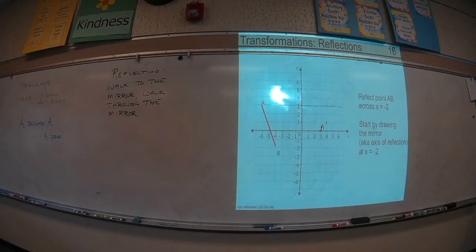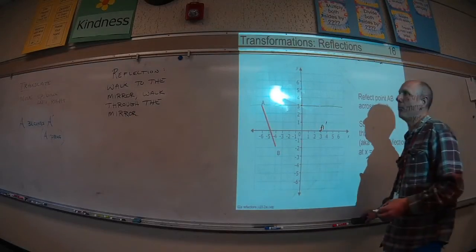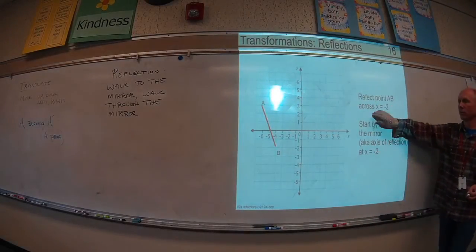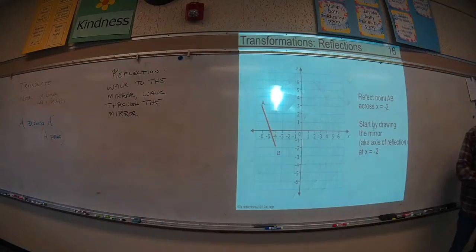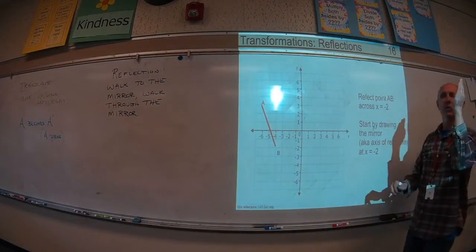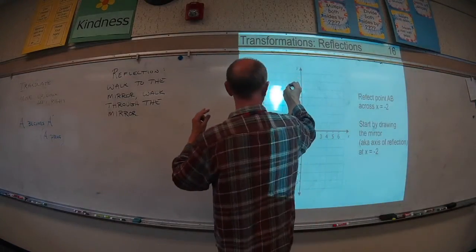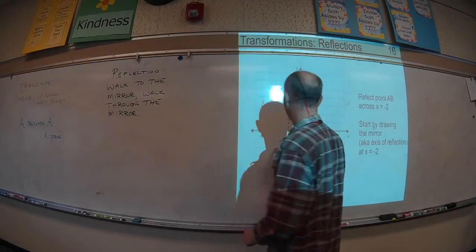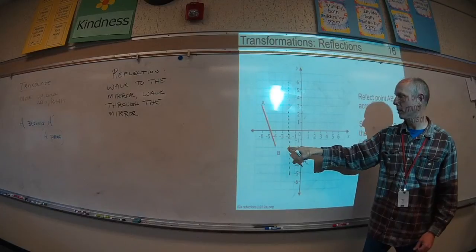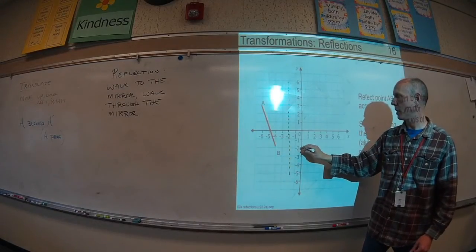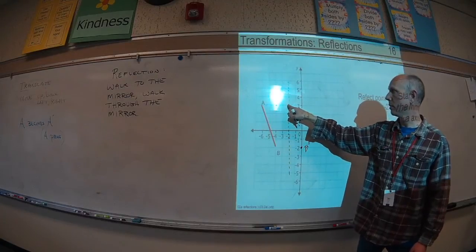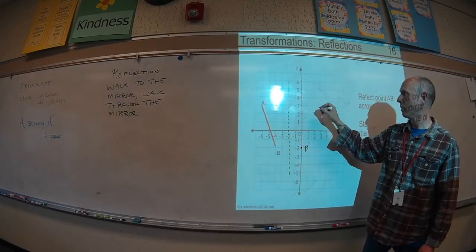This one, using your arms, show me which way the mirror is going to go. It's at x equals -2, so it's right here. It's drawing in the mirror. Count with me. 1, 2. What's the name of it? B prime. Count with me. 1, 2, 3, 4. Name of the prime?